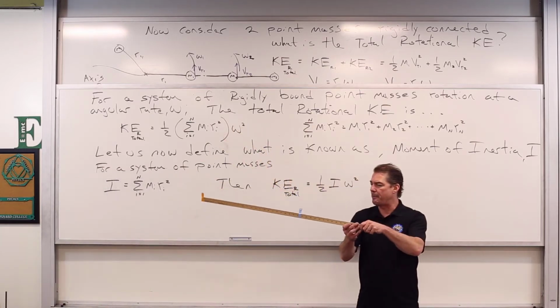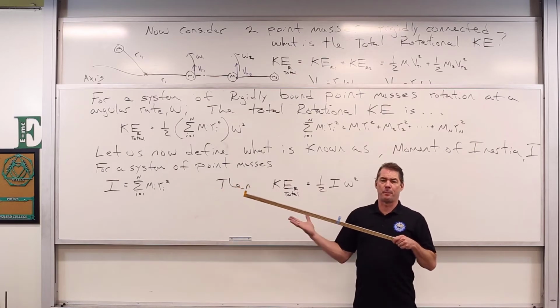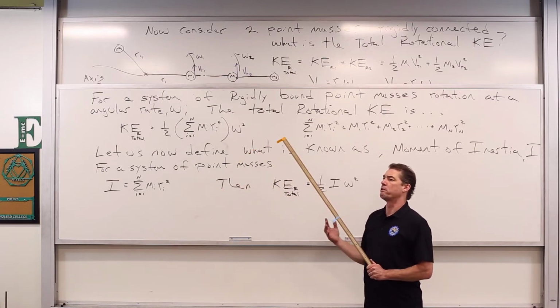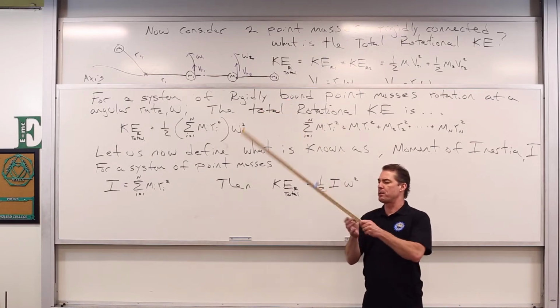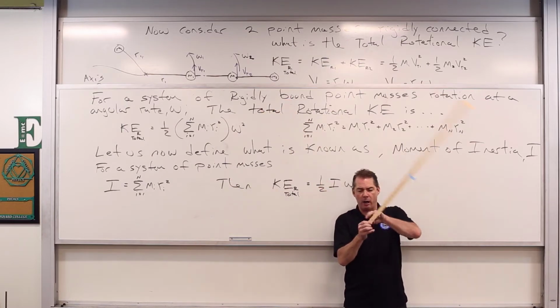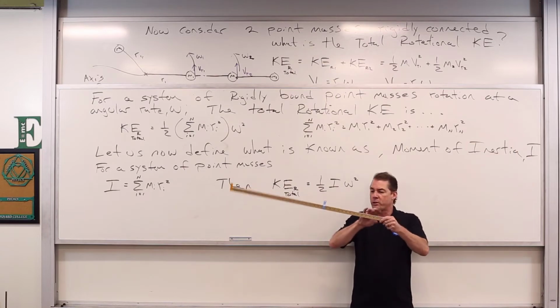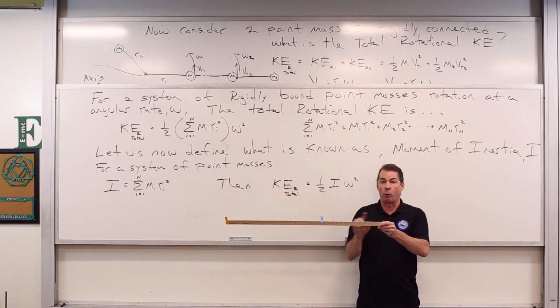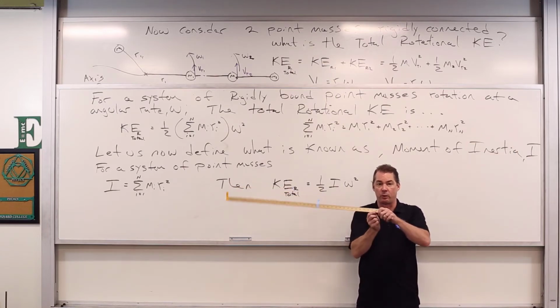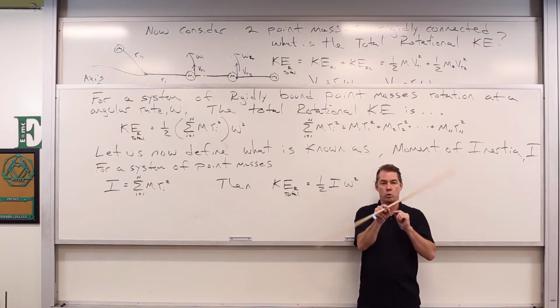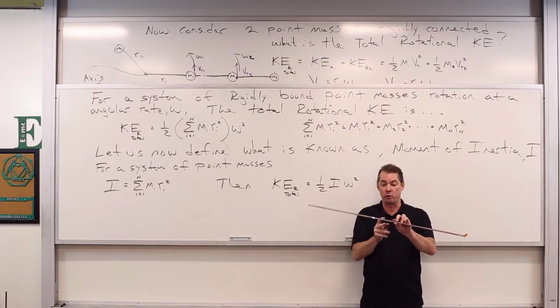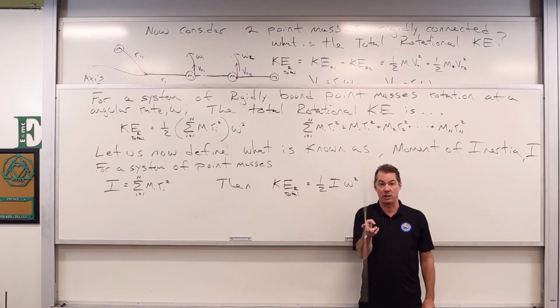Got this extended object. This is just a bunch of point masses, a bunch of protons and neutrons and electrons, all highly localized at different positions, and depending on where I rotate this, those individual mass elements are different radial distances away from this axis of rotation. I rotate it from the middle, I've got a different mass distribution relative to that axis of rotation.